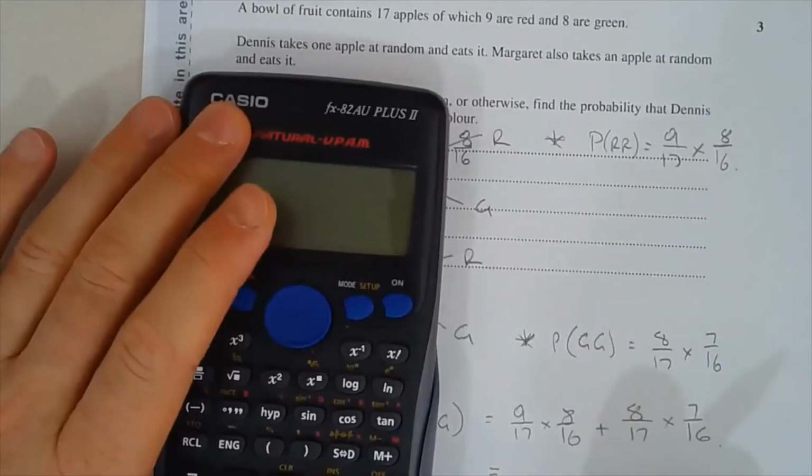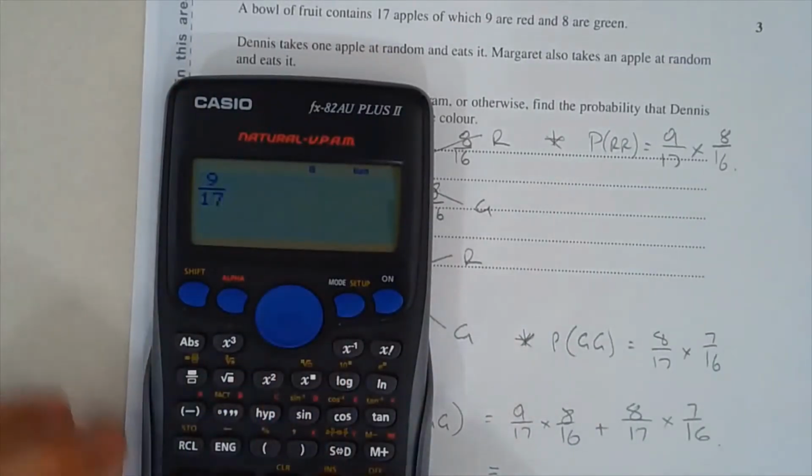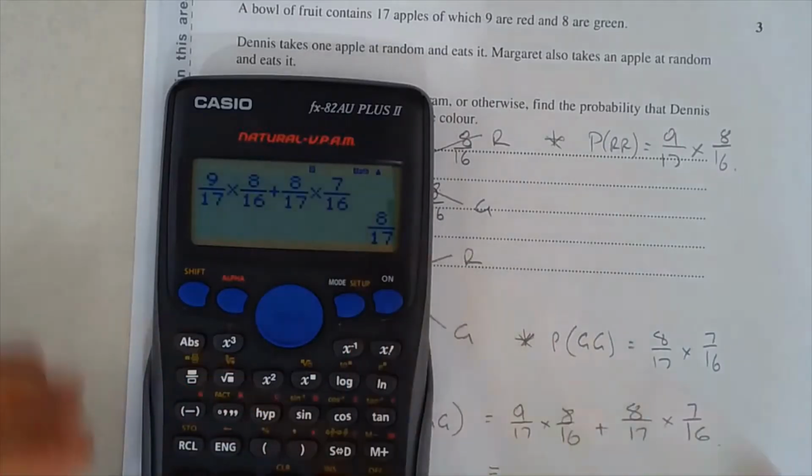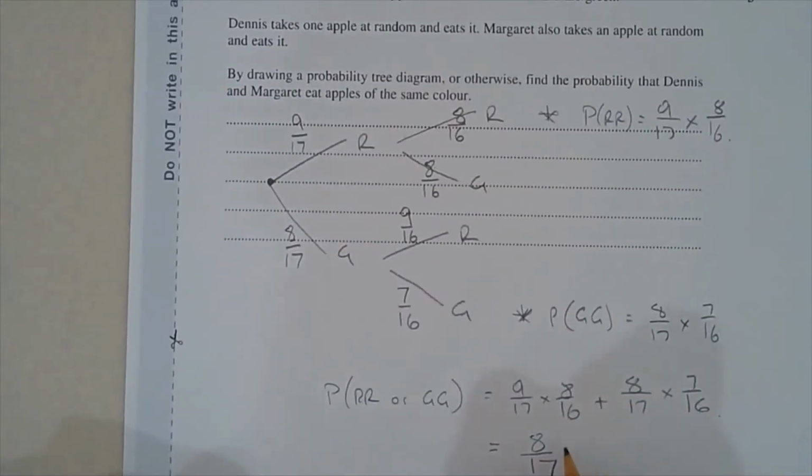And let's do that now. Okay, so 9 on 17 multiplied by 8 on 16 plus 8 on 17 multiplied by 7 on 16, and we get 8 on 17 as the probability.